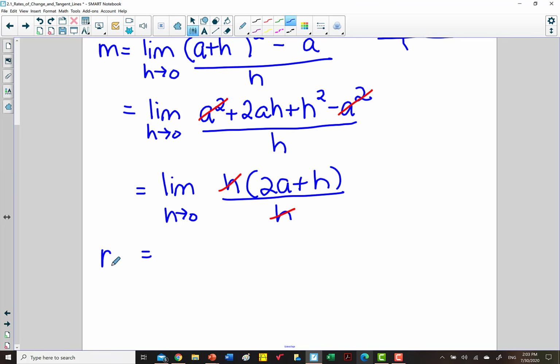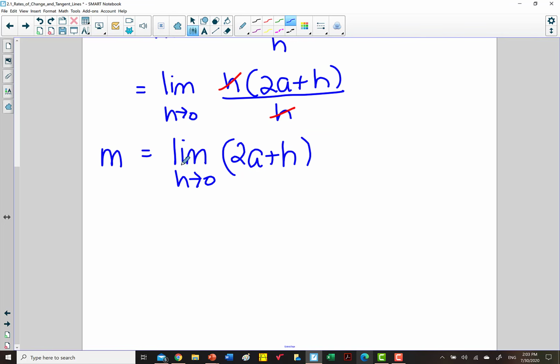And now I'm at a place where we can apply that limit property. You notice that I left the limit notation until I'm ready to use the limit notation, just like any operation. So the operation is to substitute 0 in place of h.